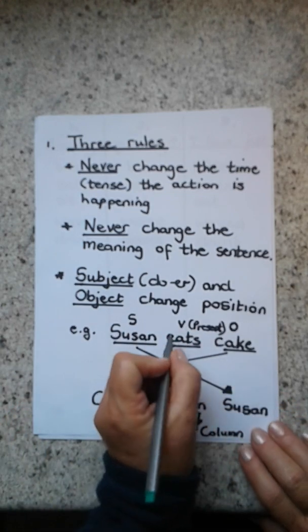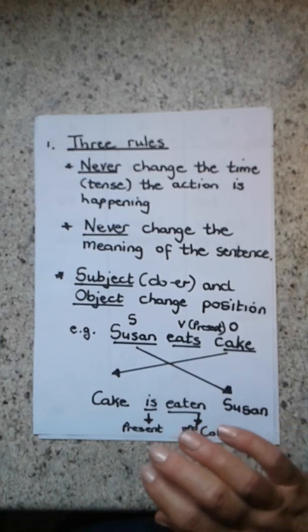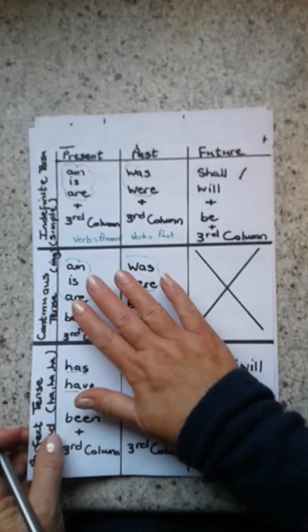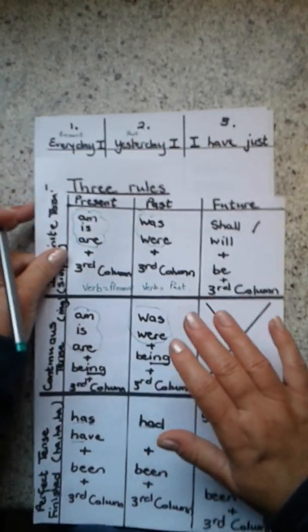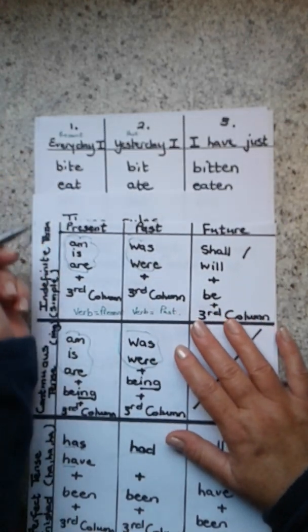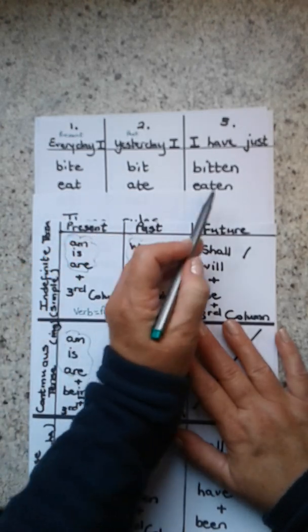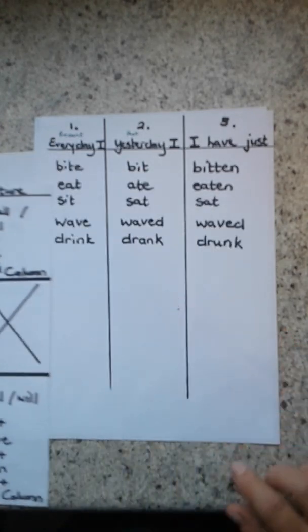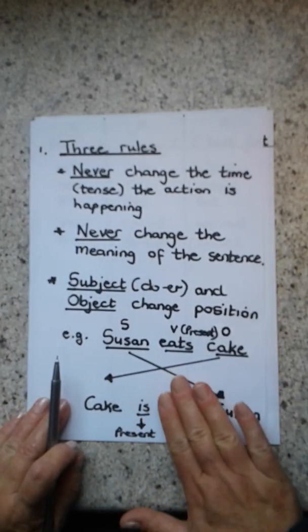I've determined that every day she eats is present. To keep it in the simple present, okay, I am going to change it. Every day she eats, and I'm going to use am, is, or are, plus the third column, eaten. So the cake is eaten by Susan.